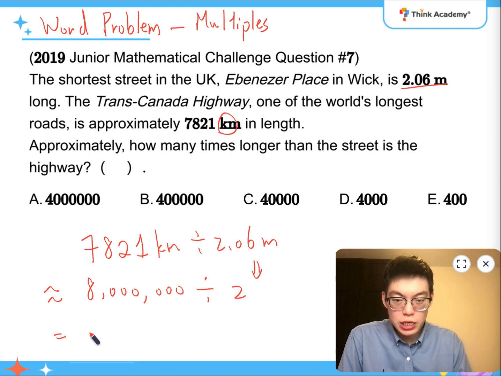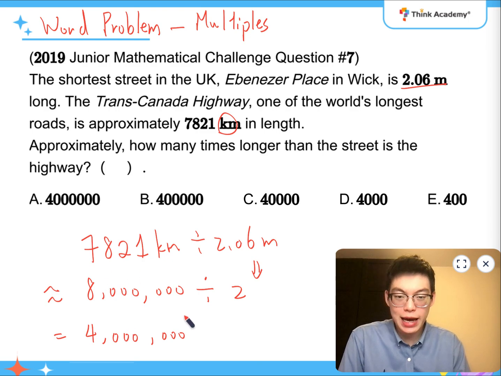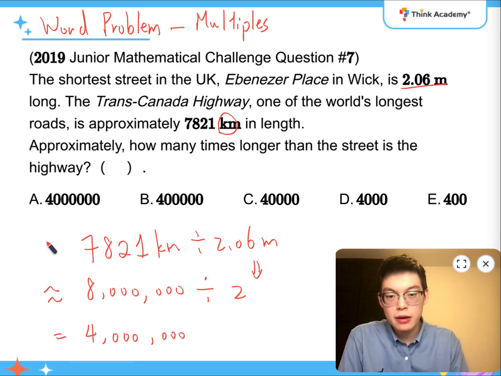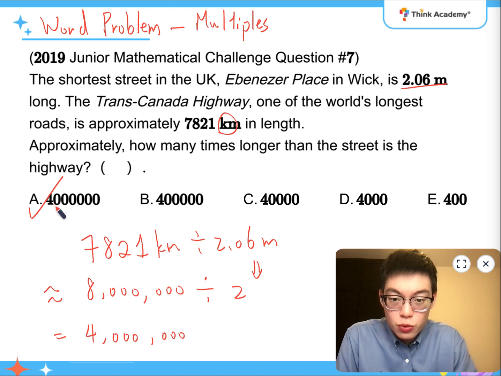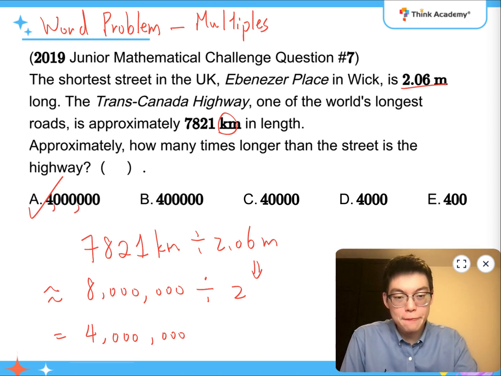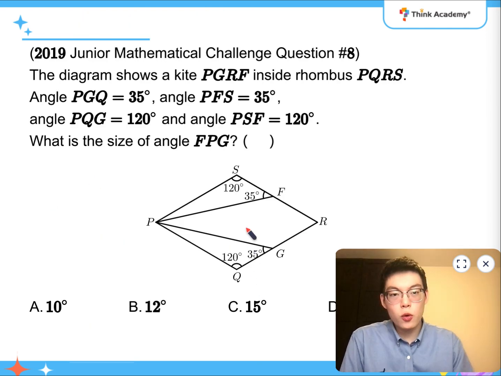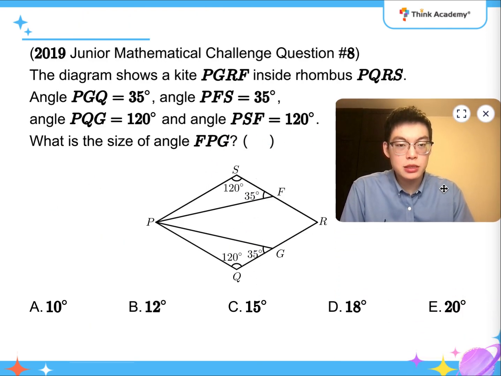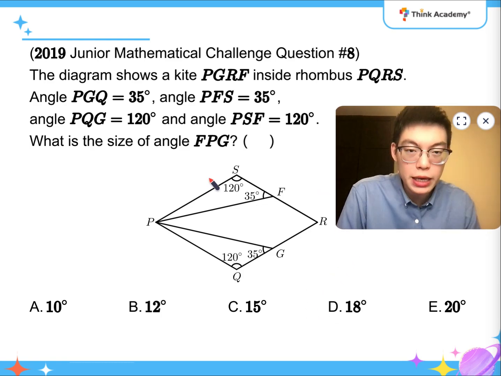So it's going to be equal to 4 million. Just count the number of zeros, using the separators if you want to help you count the number of zeros, and the answer is going to be the first one with 6 zeros behind it, representing 4 million. So that's the answer. And for question 8, okay, I'm just going to put my hat here now.